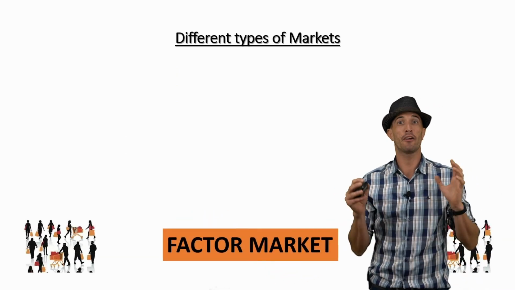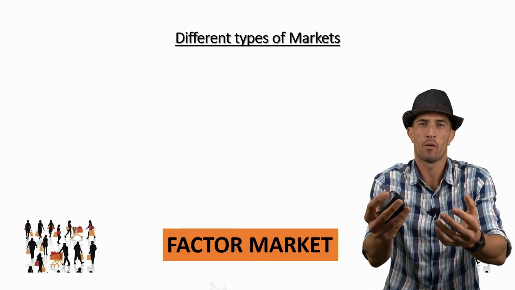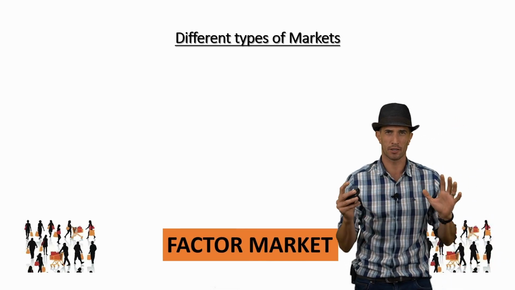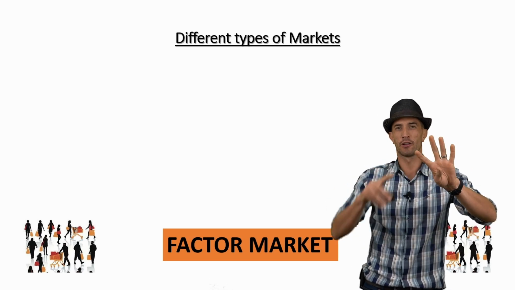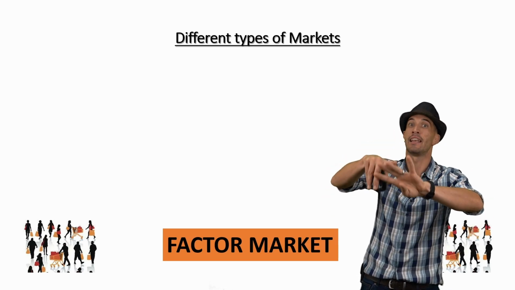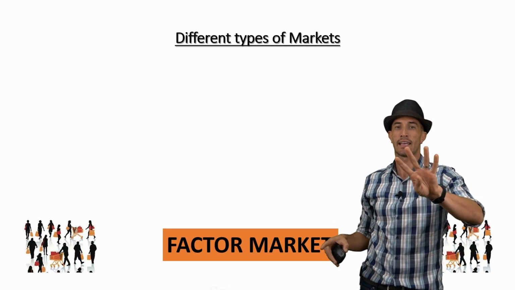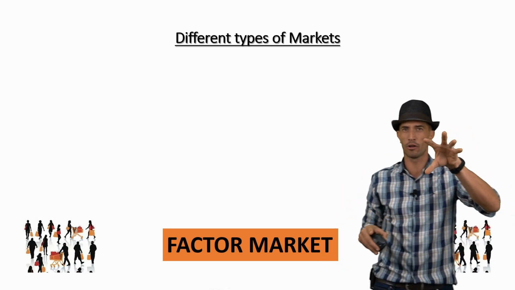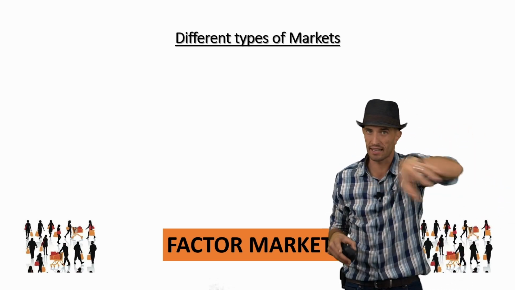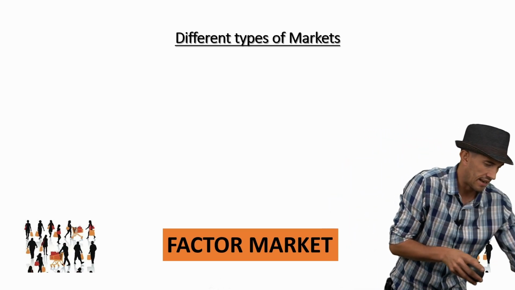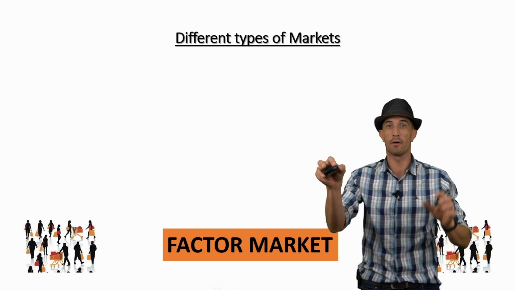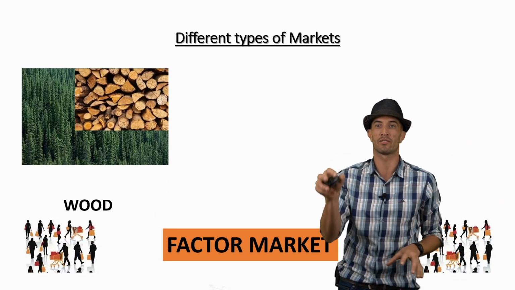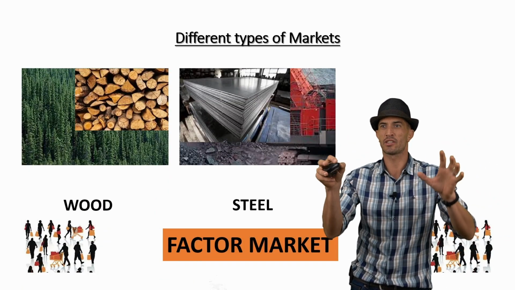Then we have our factor market. Now you have to take a step back. Remember when we did the four factors of production, we have entrepreneurship, natural resources, labor, and capital, right? The entrepreneur is the one that orchestrates a business. He's got his laborers, he's got his raw materials, and he needs to source capital. So now we're in the factor market, which is your raw materials. Let's talk about wood, your steel manufacturing.